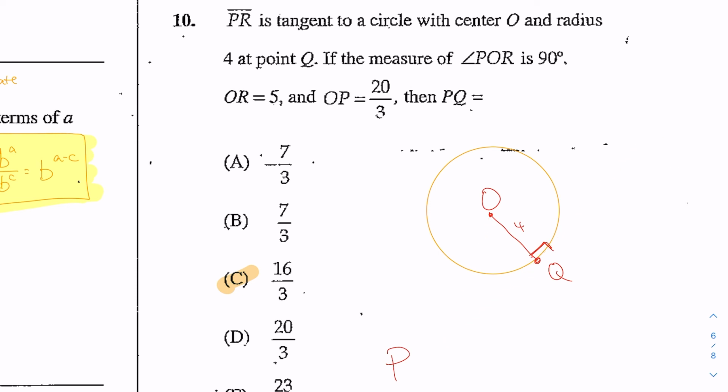So let me redraw that so it's a little more to scale. Now OR is equal to 5, and OP is equal to 20 over 3. I don't know what PQ is equal to.